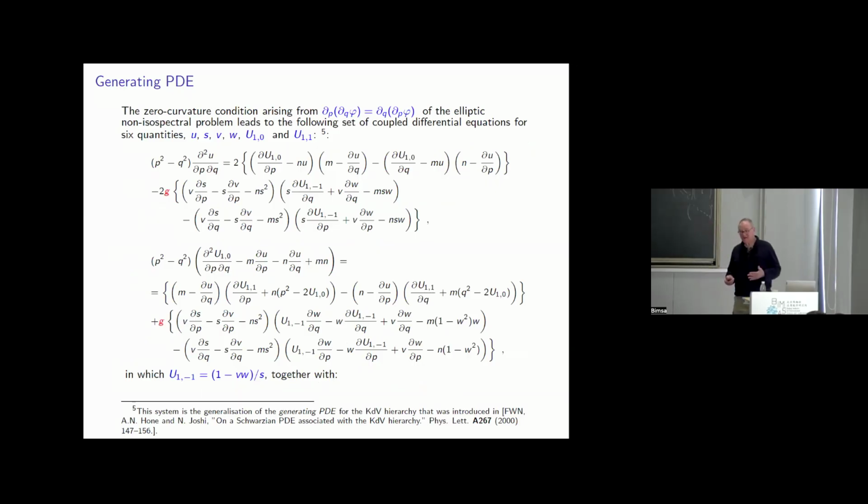So this is like having the entire KdV hierarchy written in terms of one PDE system, and that appeared in this paper with Andy Hone and Nalini Joshi. And this has a number of very important properties, one of which is that this is a non-autonomous system, and if you do a straight similarity reduction on that system, you get the full Painlevé VI equation with all three parameters.